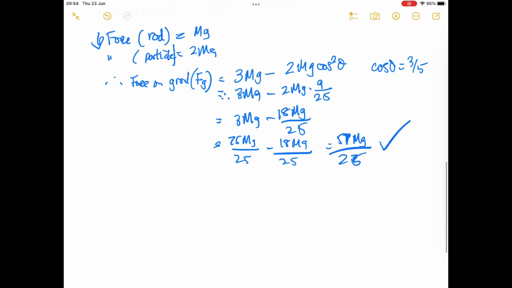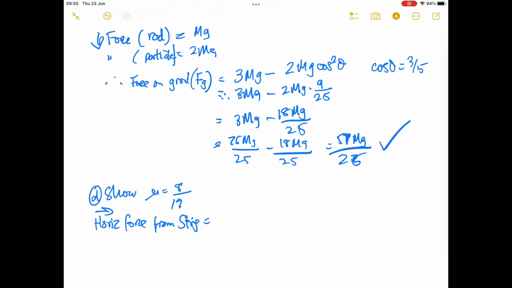Moving on to the next part. Right, so the next part is another proof. So show mu, which is the frictional coefficient, is 8/19. So you know the force on the ground is 57 mg/25.